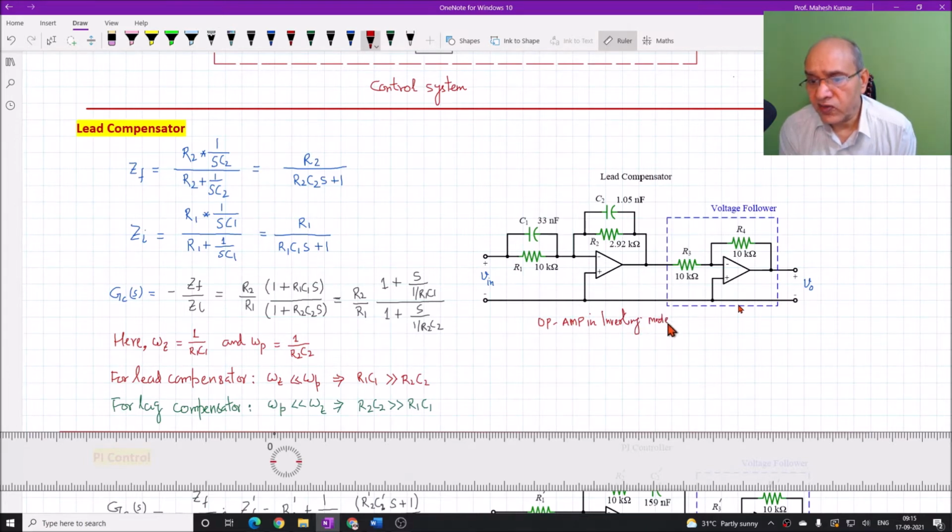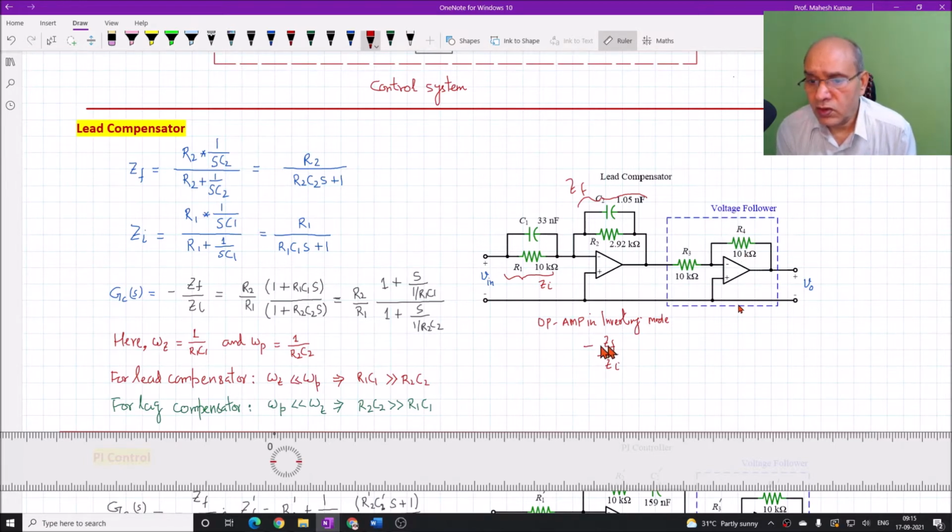What is the gain of op amp in inverting mode? Minus ZF by ZI. If this is ZI, if this is ZF, then minus ZF by ZI will be the gain of this in the inverting mode op amp. And this gain is -1.